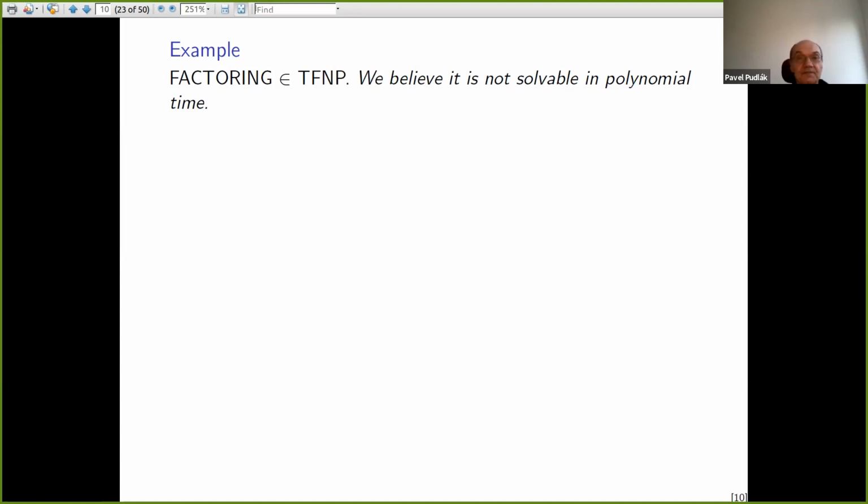Factoring is an easy example of a problem that is not solvable in polynomial time, but it's based on the assumption that it is hard. So the hardness of factoring simply means that this total function NP problem is not believed to be computable in polynomial time. So we have at least two different types of total function NP problems: those that are solvable in polynomial time, and those that are not.